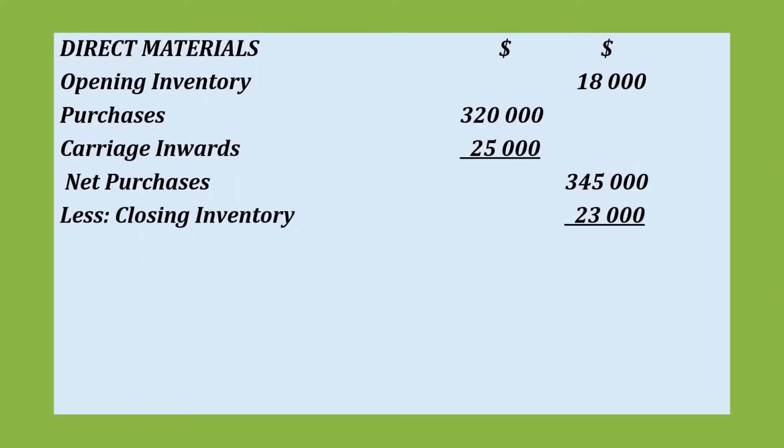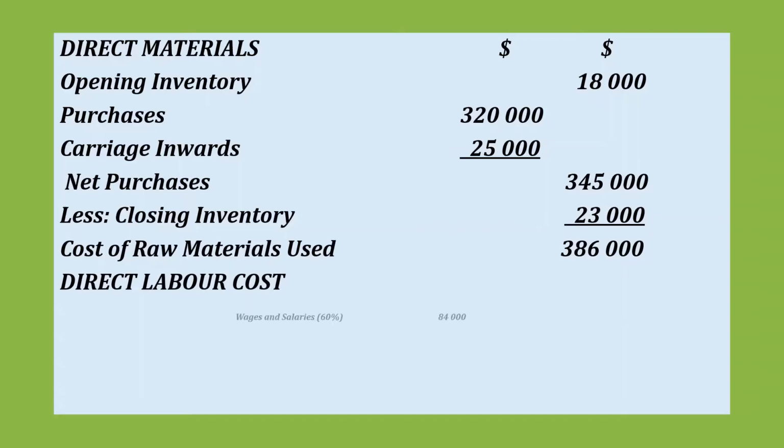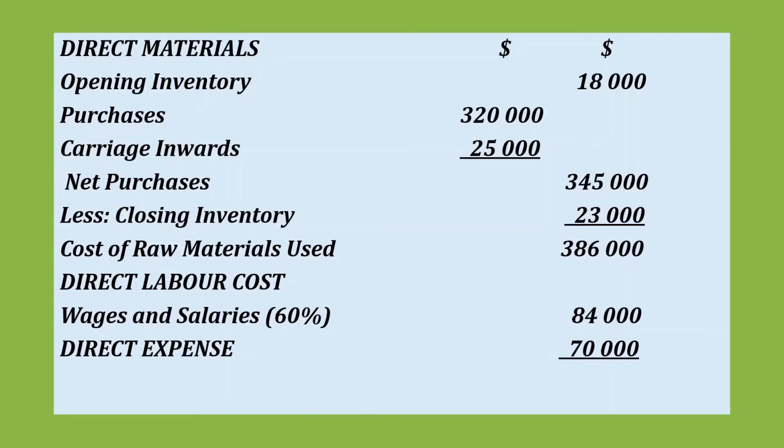Then minus the closing inventory from that, and we get the cost of raw materials used of 386,000. To that we add the direct labor costs, wages and salaries, 60% goes to the factory. Direct expense 70,000. So prime cost is 540,000. We continue the rest of it in the next slide.